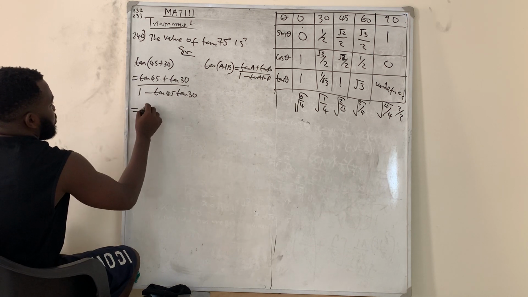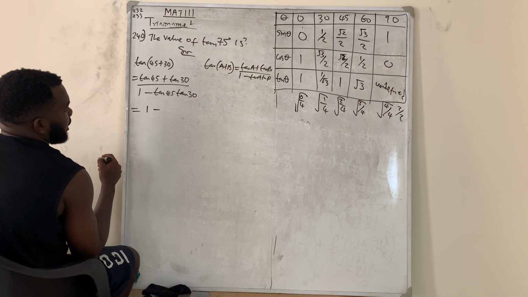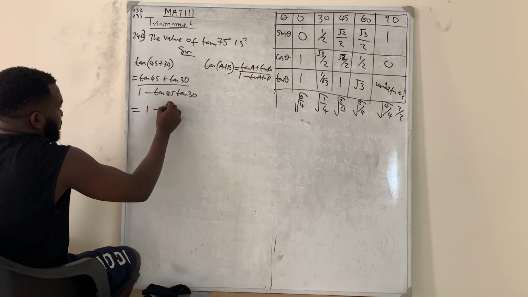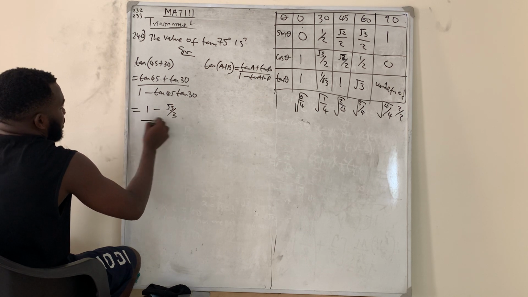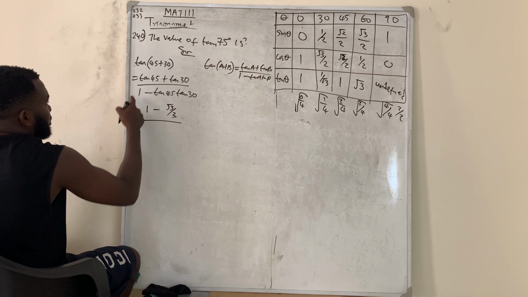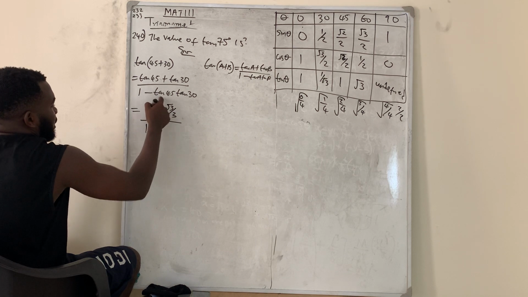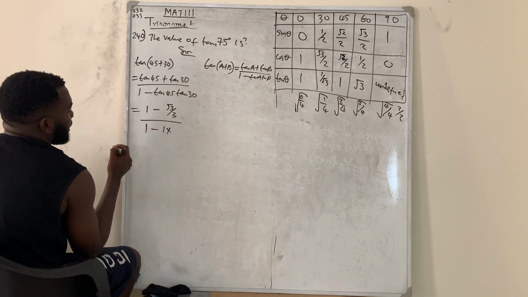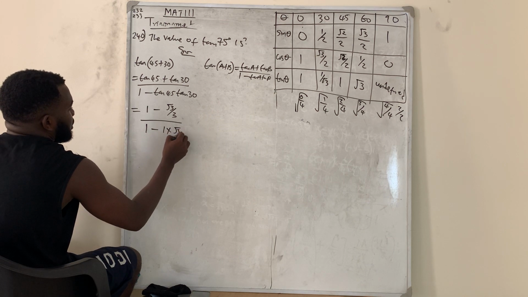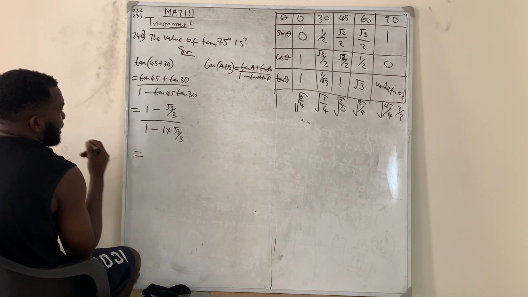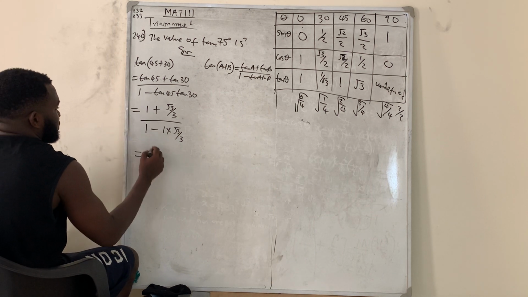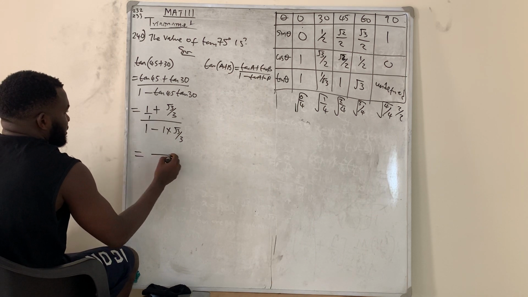Tan 45 is 1, plus tan 30 is root 3 over 3. 1 over root 3 means root 3 over 3 according to rationalization. So this is 1 minus tan 45 which is 1, times tan 30 which is root 3 over 3. So I'm left with LCM. The LCM there is 3.